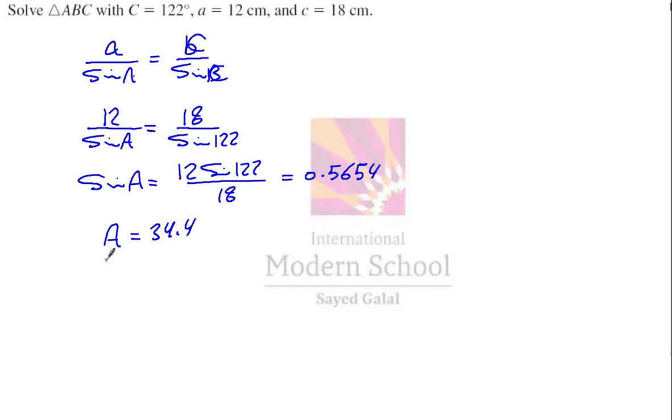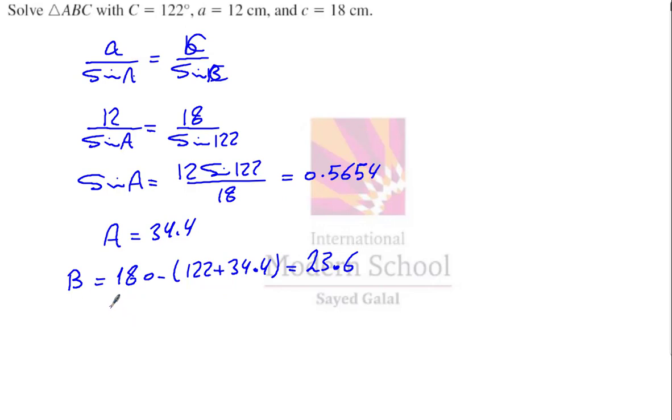We can find the measure of angle B. The measure of angle B equals 180 minus (122 plus 34.4) equals 23.6.